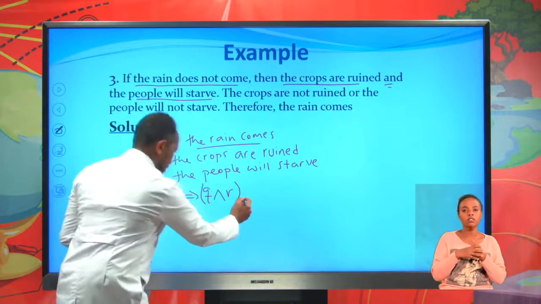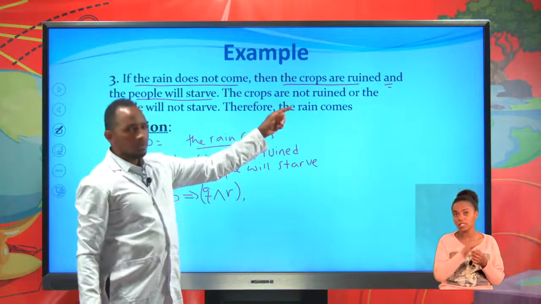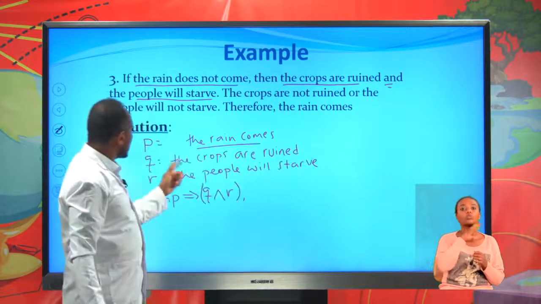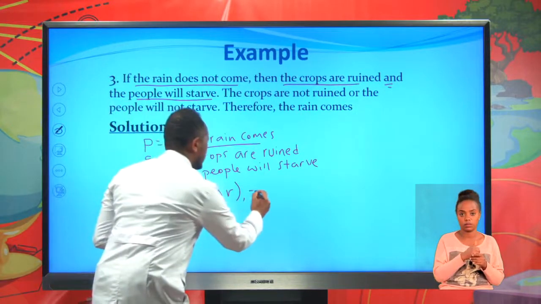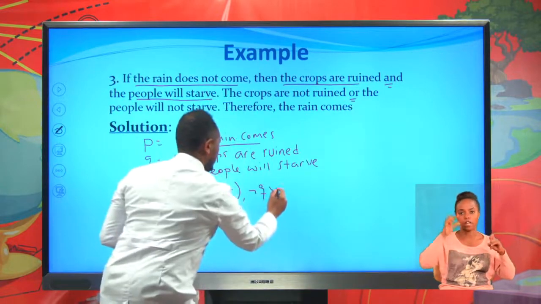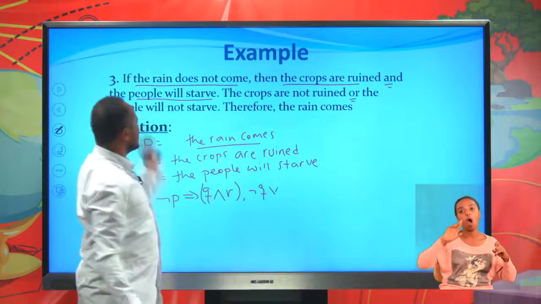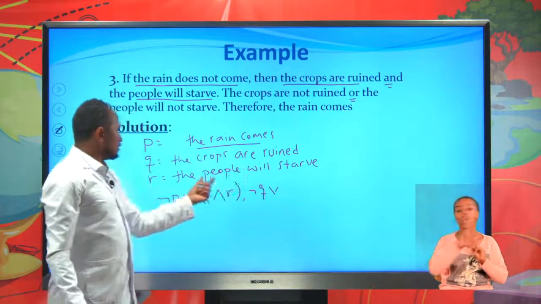Okay, this is one premise. The second one, the crops are not ruined. The crops are not ruined is negation of Q, or the people will not starve.